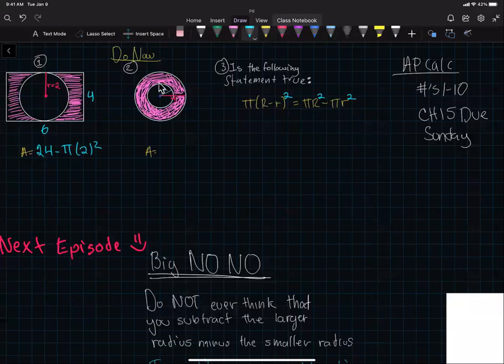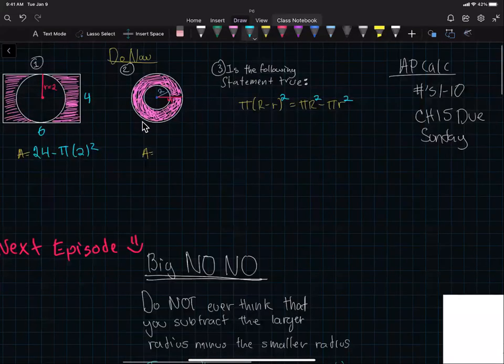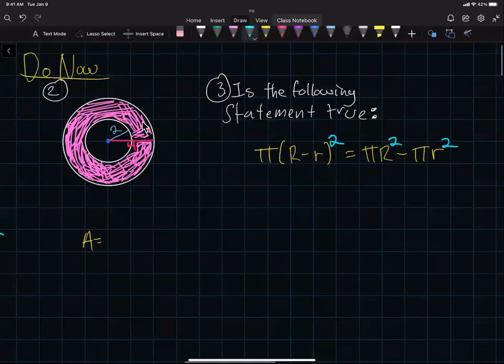Now let's actually look at 2. So give me what you could use to represent the shaded region. So essentially what we have is the larger circle minus the smaller circle, right?